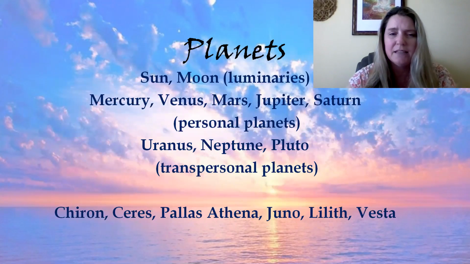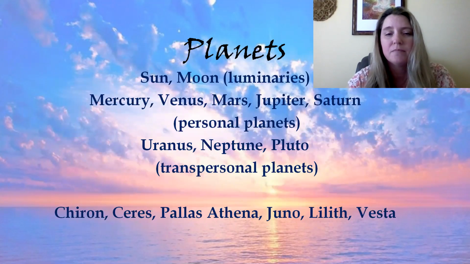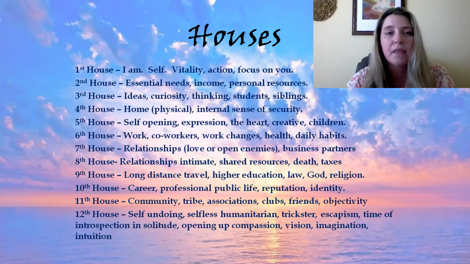It depends on where they are in the solar return chart and where they are in the natal chart how much emphasis I give to those asteroids and dwarf planets.